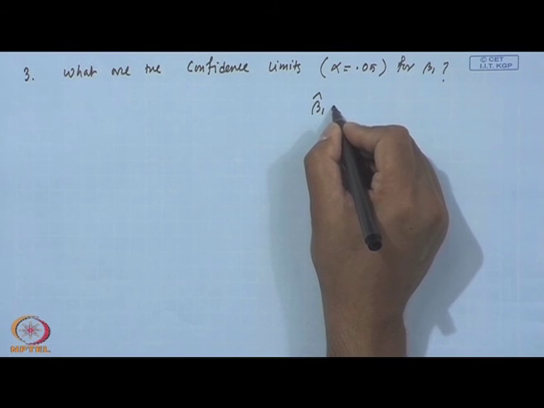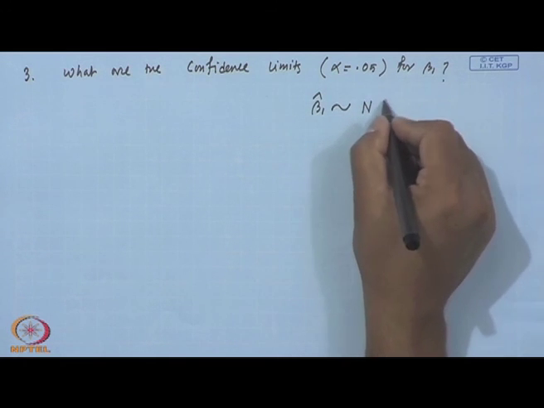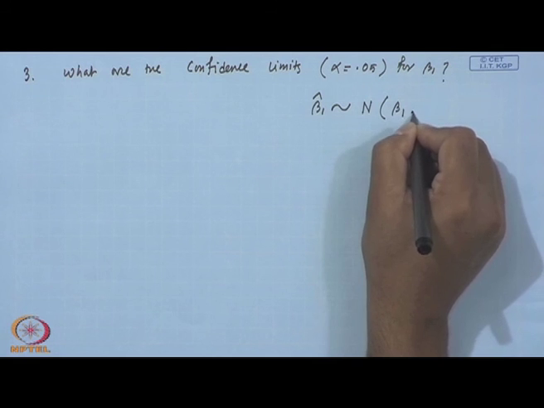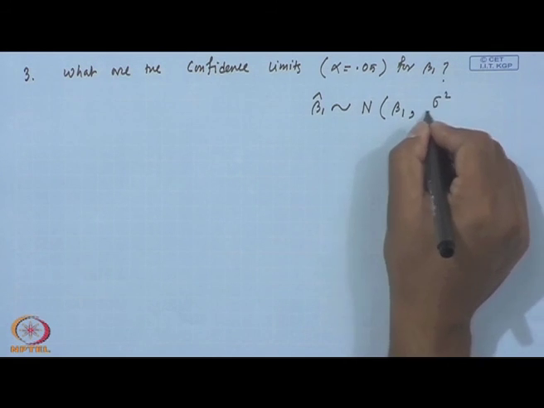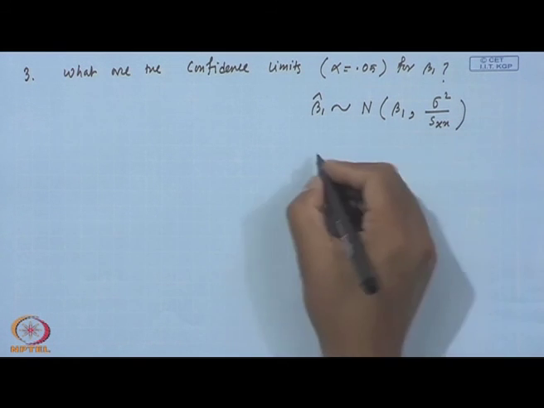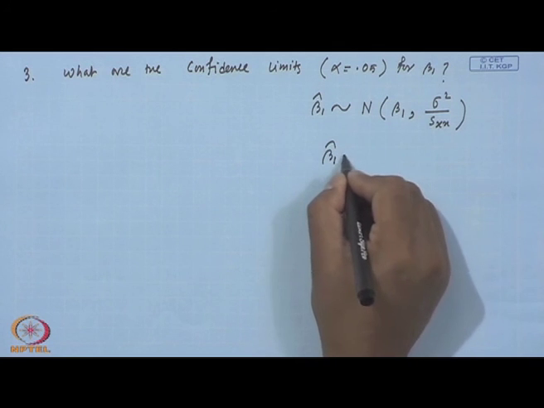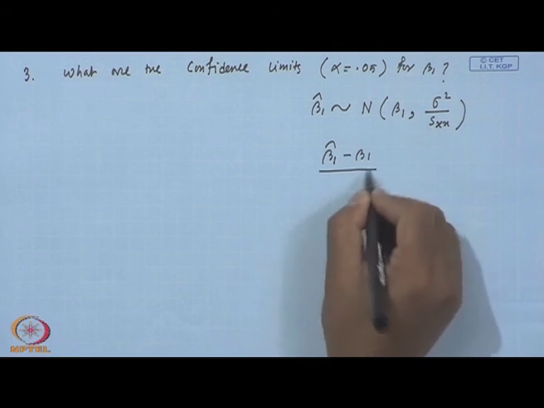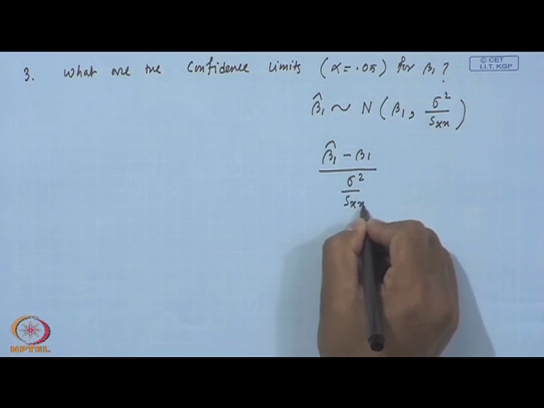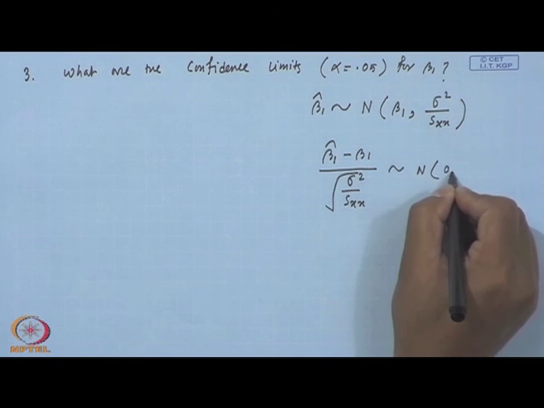So, this follows normal distribution with mean beta 1 and variance sigma square by S_xx. Okay. So, I can write this one as beta 1 hat minus beta 1 by the square root of sigma square by S_xx. This follows normal 0, 1.